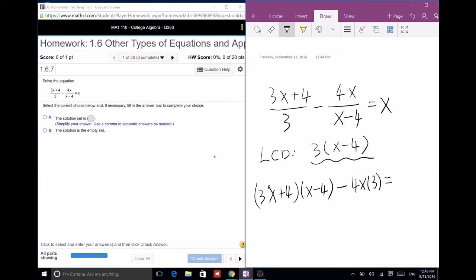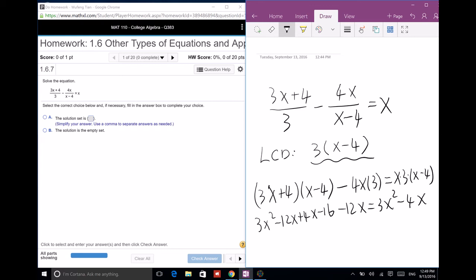On the right hand side you have x times 3 times x minus 4. Then you simplify it, FOIL it out: 3x squared minus 12x plus 4x minus 16 minus 12x equals 3x squared minus 4x. Then you combine like terms.